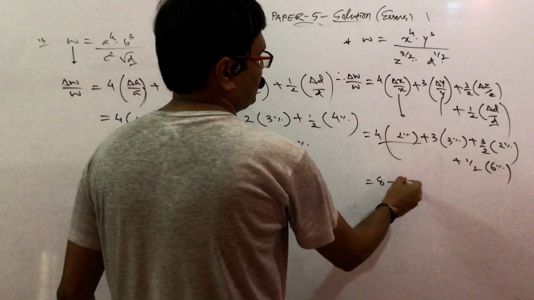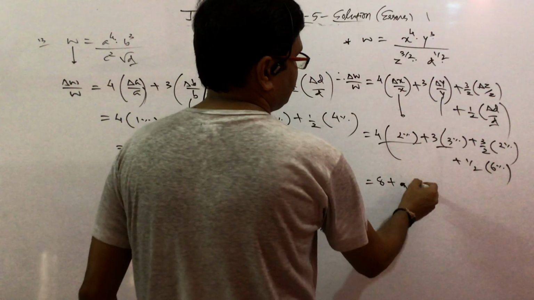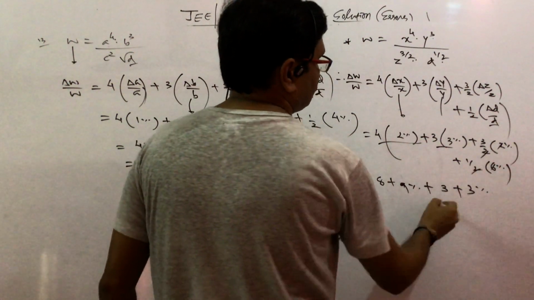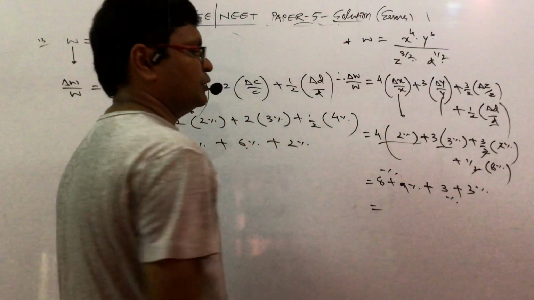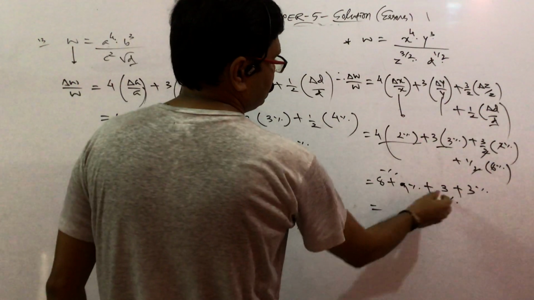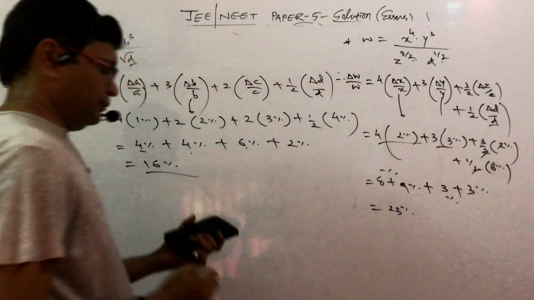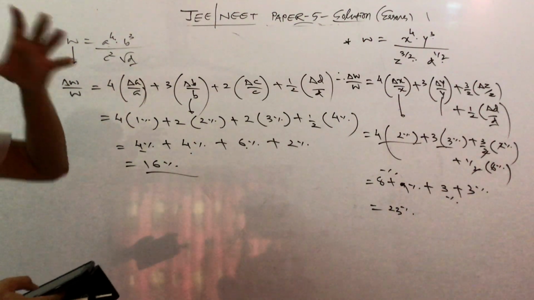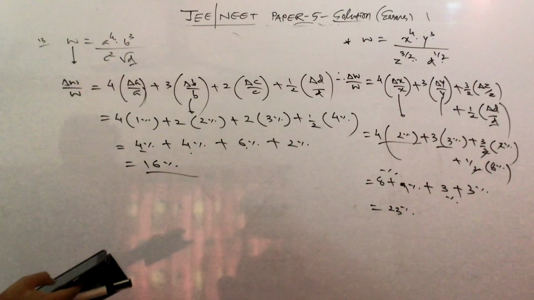So 4 into 2 is 8, 3 into 3 is 9, 2 and 2 cancel, so 3 and 2 into 3 is 3 percentage. So what is the answer? 9, 8, 17, 3, 23. So 23%. This is your answer. You can see, 23% answer. So that was question number 14, Bombay.